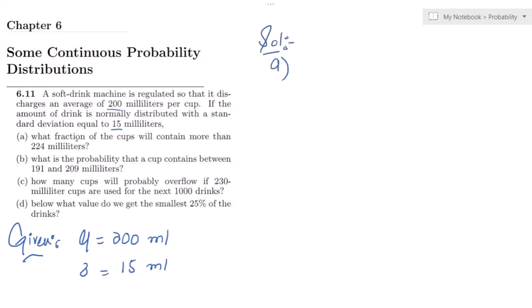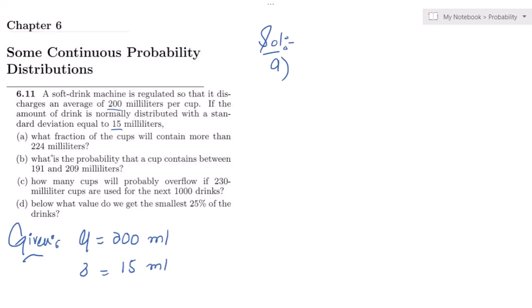So part A is: what fraction of the cups will contain more than 224 milliliters? Basically it is the real life formulation of the questions which we have previously solved.